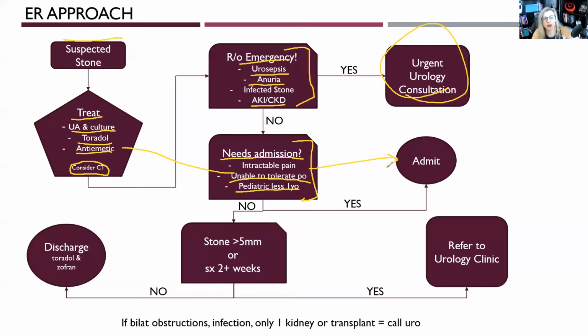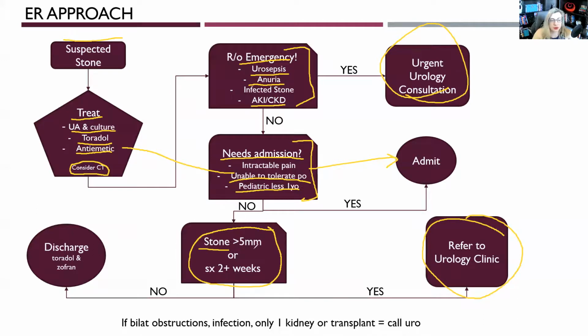If you don't think this person needs admission, AKA their pain is controlled, they can tolerate water, and they're not a child, then we can either do a stone CT protocol, or we can just refer to urology clinic and discharge, right?